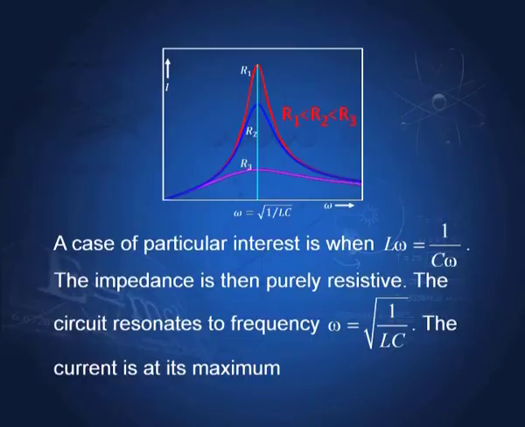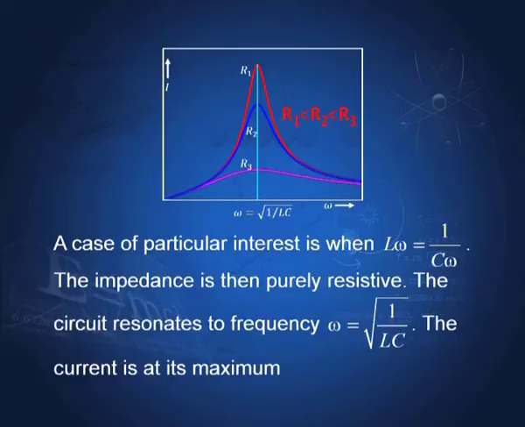I have shown here the current against the frequency of the AC, and this point is where the frequency is equal to 1 by root of LC. So there is a resonance at this frequency, as we saw in the case of LC circuits.